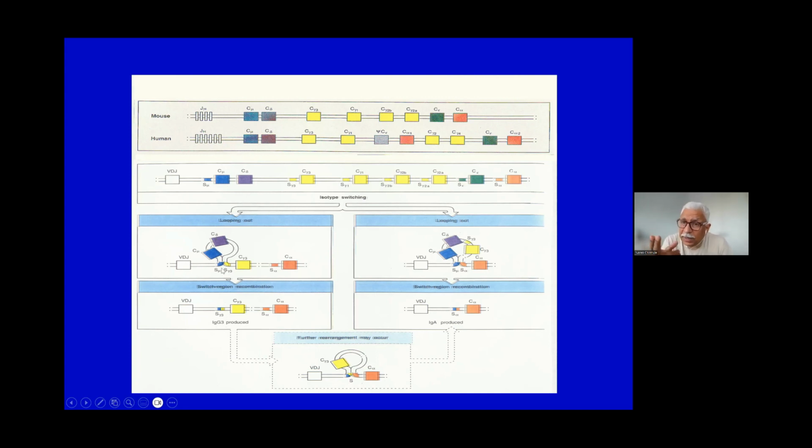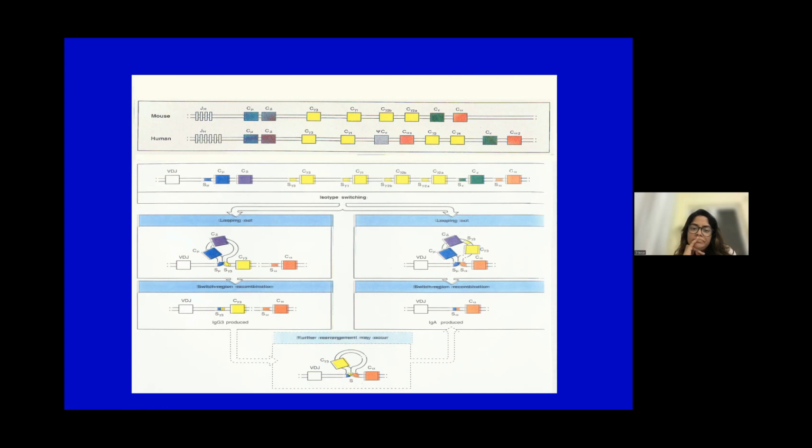It is cut by the endonuclease, and that portion is deleted. And therefore, now the RNA polymerase is reading the immunoglobulin gene, VDJ sequence. Now it sees C gamma 3. At the end of C gamma 3 is a stop codon. Right? That's why this B cell will now secrete IgG3.